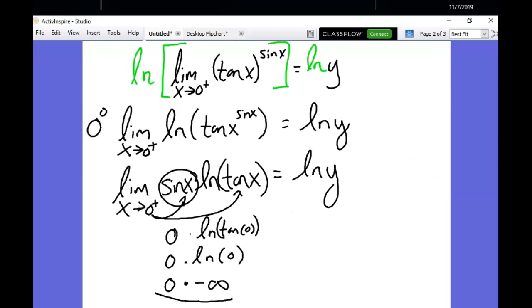So let's review really quick before we go any further, because that's the main thing. We had the indeterminate form 0 to the 0 power with our direct substitution. The strategy for that is to ln both sides. The purpose of the ln is so we could bring the power to the front.